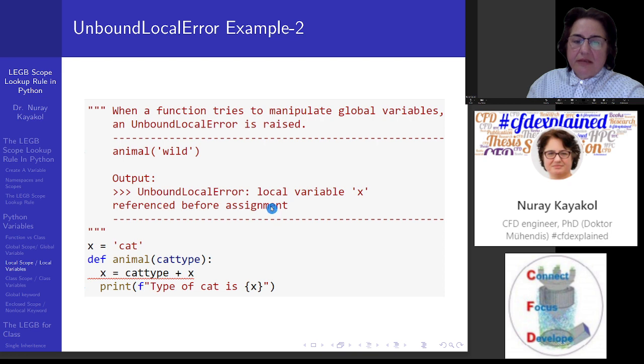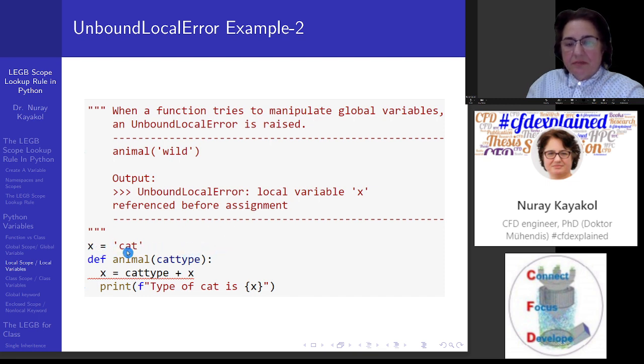Again, the error message is the same, local variable x referenced before assignment, because in the lookup procedure, Python starts from the local scope and will check the value of x inside this function. It is not written in the piece of code; yes, on the top of the function it is written, but that is the global scope.